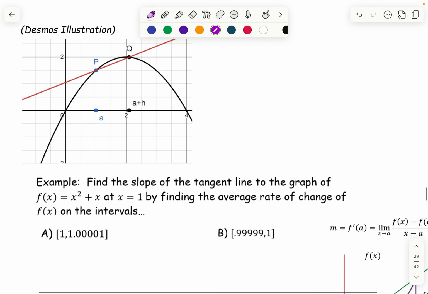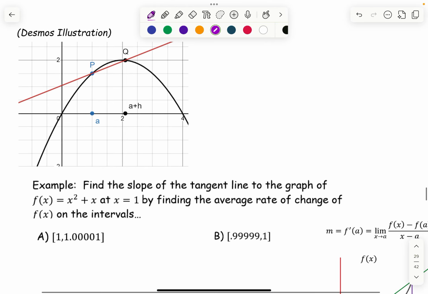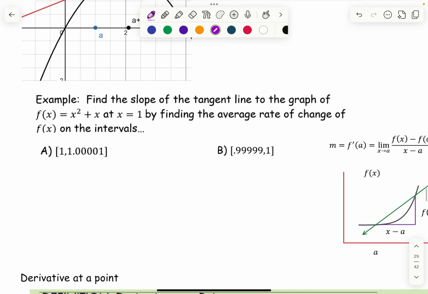All right, let's do one numerical example before we learn how to do it not numerically. So let's take the graph of x squared plus x, and we want to find the slope of the tangent line to the graph of that function at x equals 1. We're going to do it by finding the average rate of change on the interval 1 to 1.00001. Notice how close these two points are. Because a rate of change like a speed or velocity doesn't have a lot of time to change in that small window, this average rate of change will be really, really close to the instantaneous.